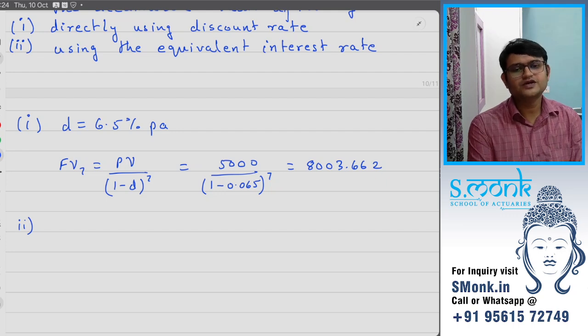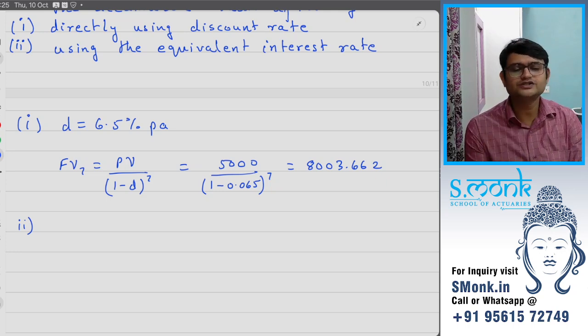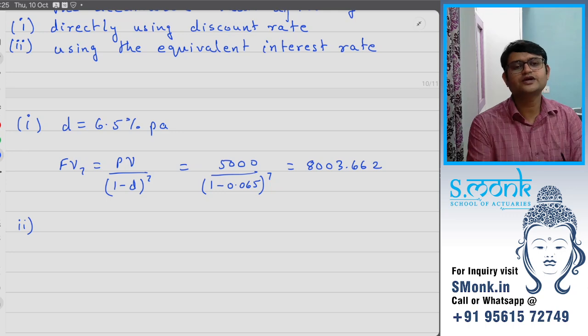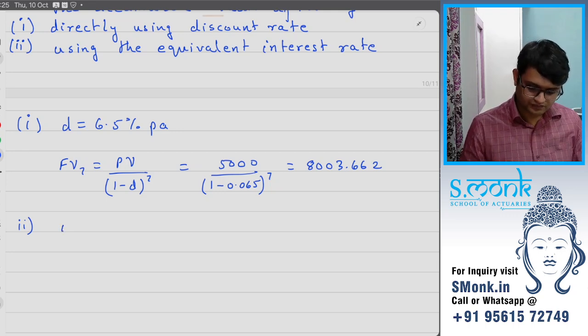And the second part, we are saying using the equivalent interest rate. That means we'll convert our rate of discount into interest rate first and then calculate the future value. This is the formula.